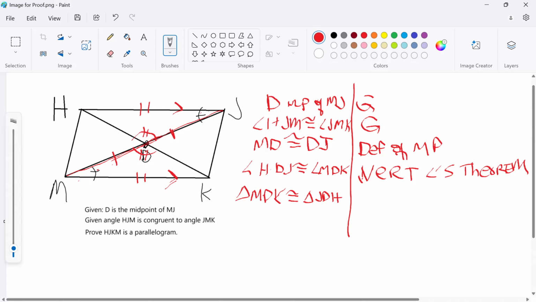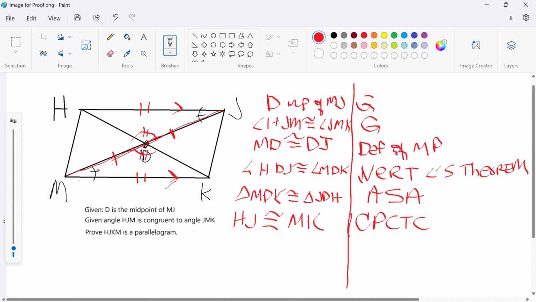And that is angle, side, angle. And then I know that HJ is equivalent to or congruent to MK. And that is by corresponding parts of congruent triangles are congruent.